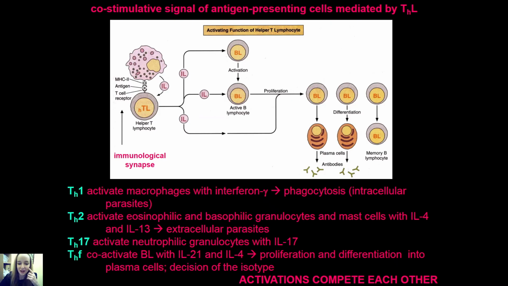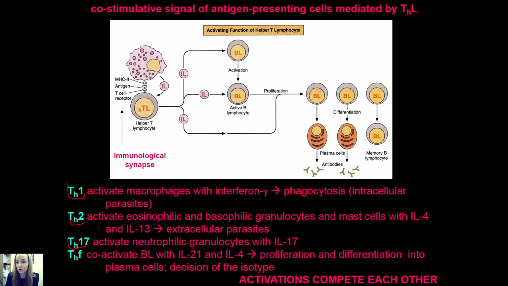So we don't have only one type of helper T lymphocytes, we differentiate many types of T lymphocytes. Here we have T helper type 1, 2, and 17. These three types are very important. Each type will stimulate a different reaction. For example, TH1 will activate macrophages.